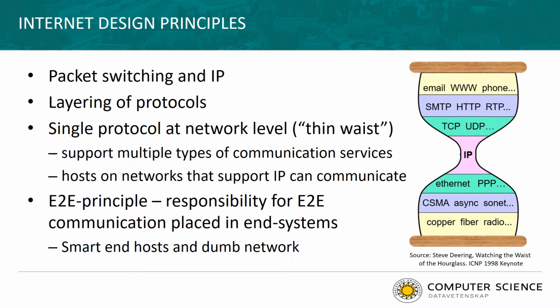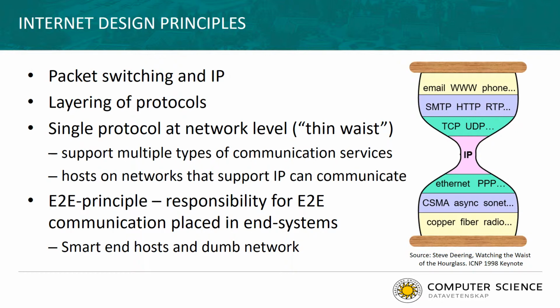And in this original architecture, we have a single protocol at the network level, the so-called thin waist in the IP hourglass model that we see to the right in the slide here. So you have IP in the middle as a single protocol, and this means that you can have a multitude of services on top of this. So you could have TCP, UDP, other protocols, and on top of that, various applications.